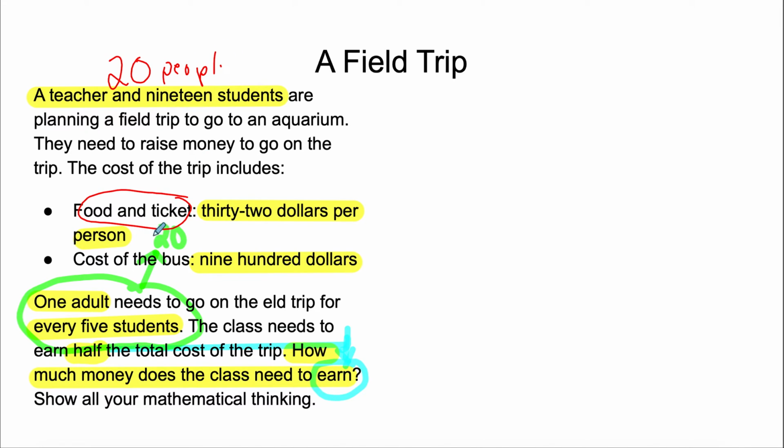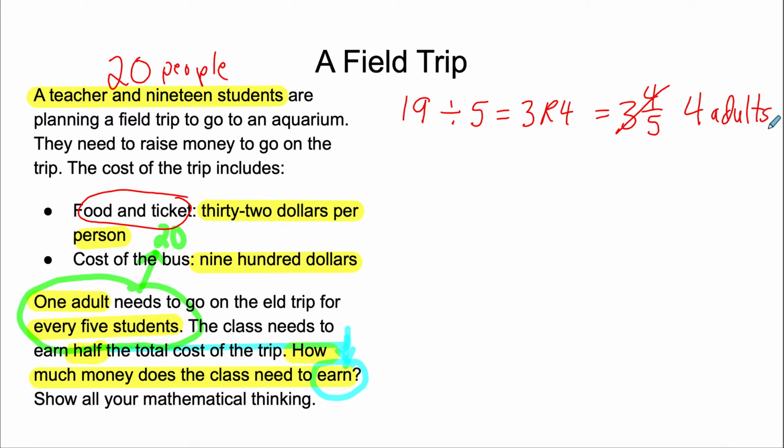But I also need one adult for every 5 students. Well, if I have 19 students and I divide that by one adult for every 5 students, that comes out to 3 with a remainder of 4, or 3 4/5. But can I have 4/5 of an adult? No. So I'm going to have 4 adults.